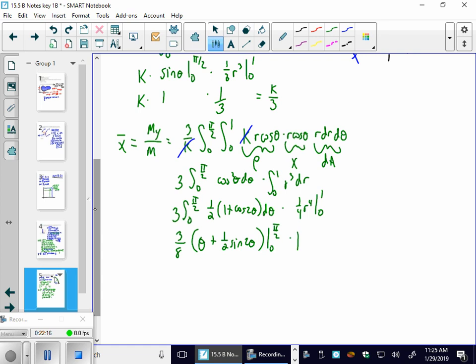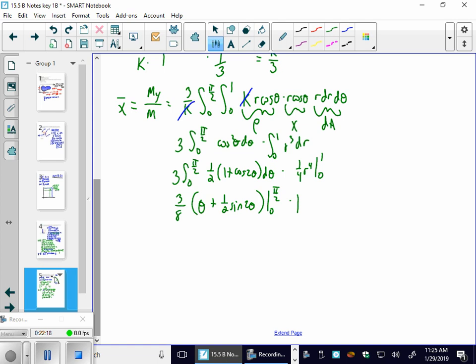So really, whatever I get from this 0 to pi halves integral. Plugging in pi halves first gives me pi halves plus 1/2 the sine of pi, but that's 0. And then plugging in 0 for theta gives me 0. So 3/8 times pi halves, 3 pi over 16. That is the center of mass for x bar.